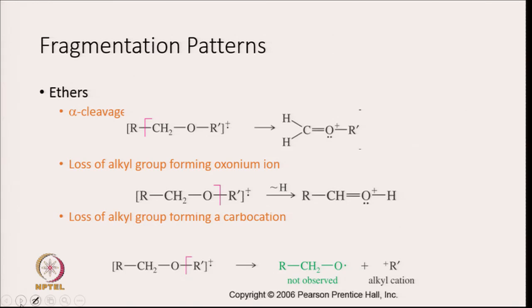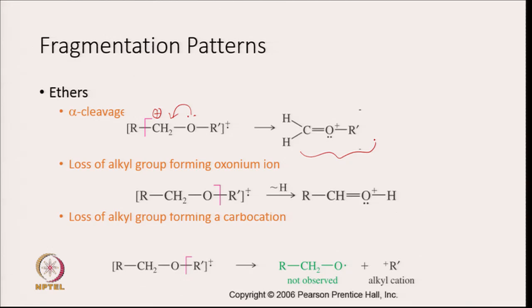Again here alpha cleavage will be more predominant, since alpha cleavage will give you a positive charge which is resonance stabilized with the lone pair on the oxygen. So, if it breaks here, then there will be a plus charge here and this will be resonance stabilized and you will get this ion.